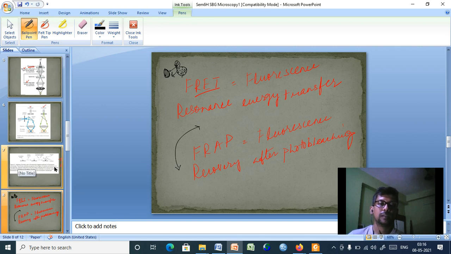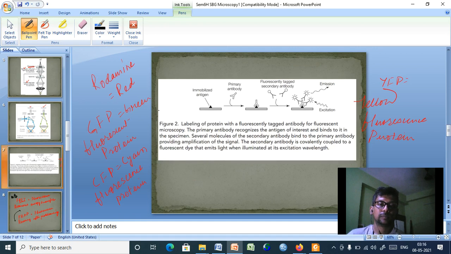Okay, so firstly, this one, that is FRET, or fluorescence resonance energy transfer. Firstly, labeling of protein with a fluorescently tagged antibody for fluorescence microscopy. The primary antibody, this is the basic pattern of the fluorescence microscopy.